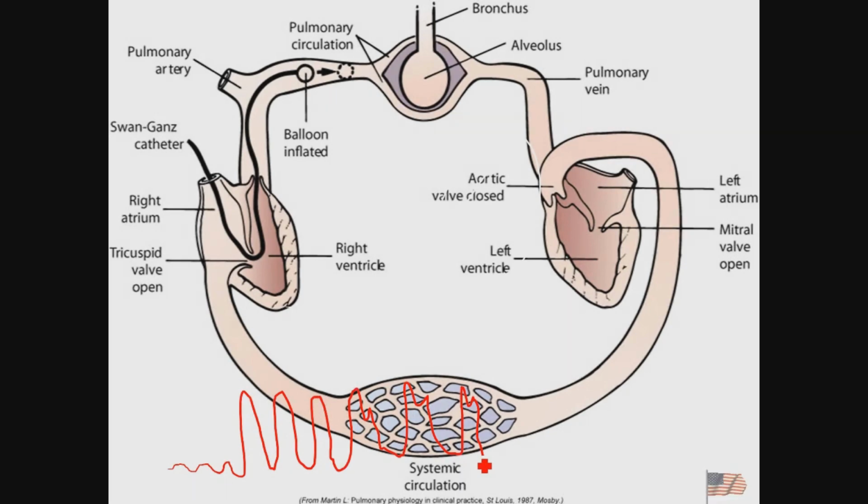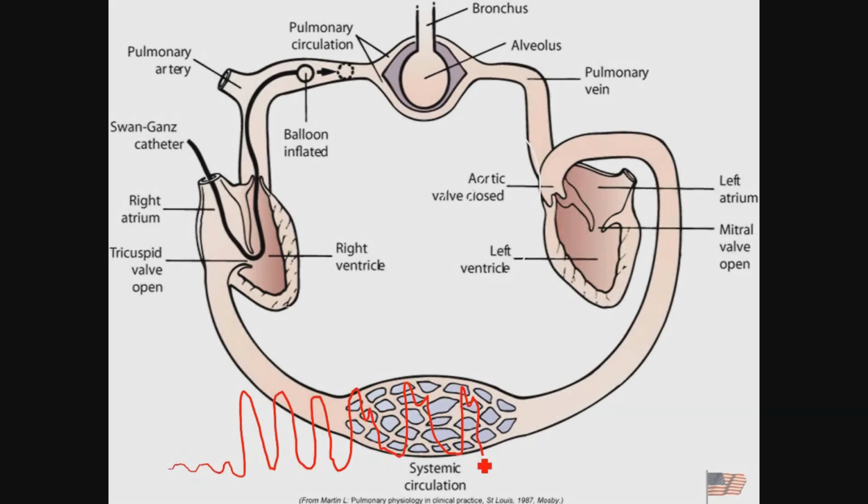But again, just so I'm clear, that balloon that was inflated and is wedged, we can't leave it like that forever, because that would mean that all the blood flow distal to that wouldn't be getting any blood flow. And if you remember, the alveoli get their blood supply from the pulmonary artery.